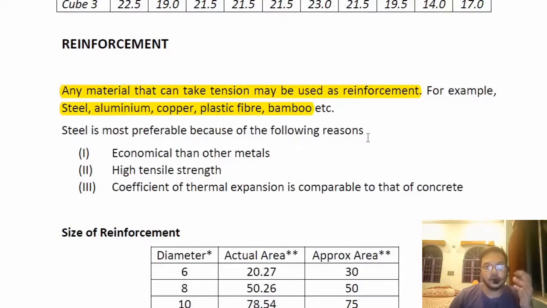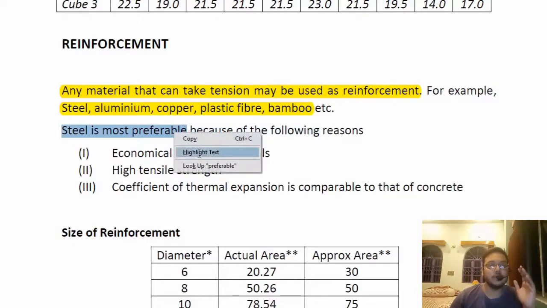Steel, aluminium, copper, plastic fiber, or even bamboo have a good amount of elasticity as compared to a brittle item like concrete. Now steel is the most preferable out of these because of the following reasons.